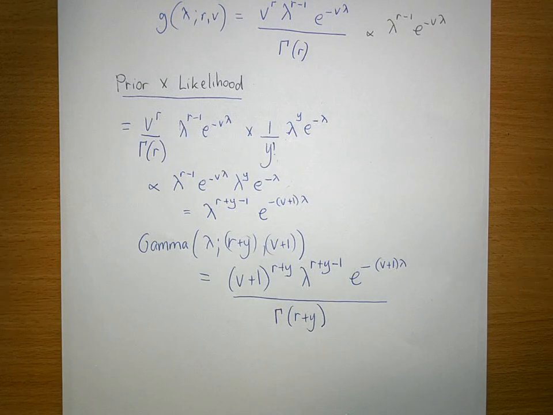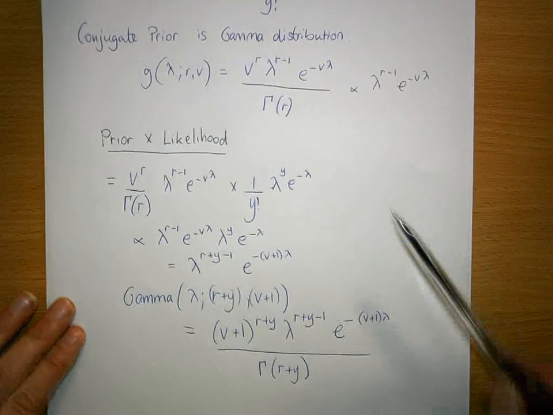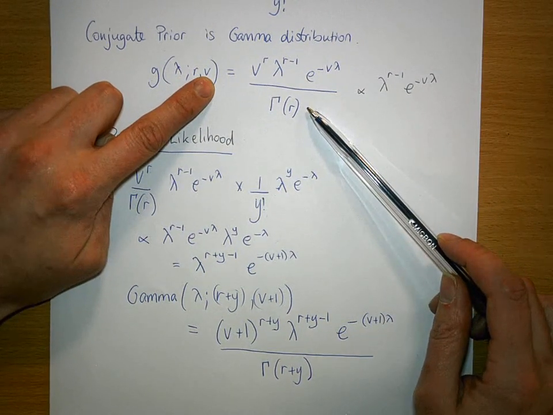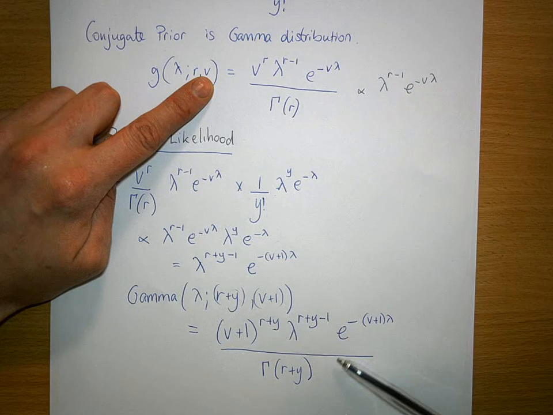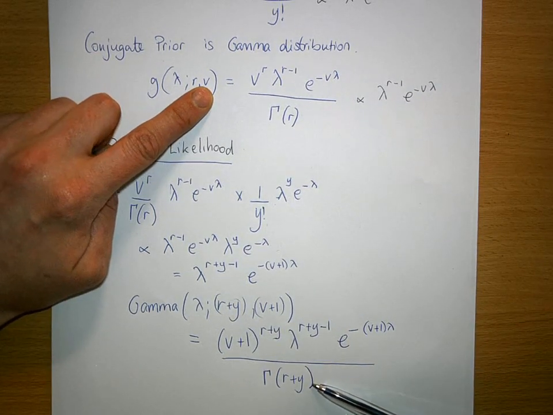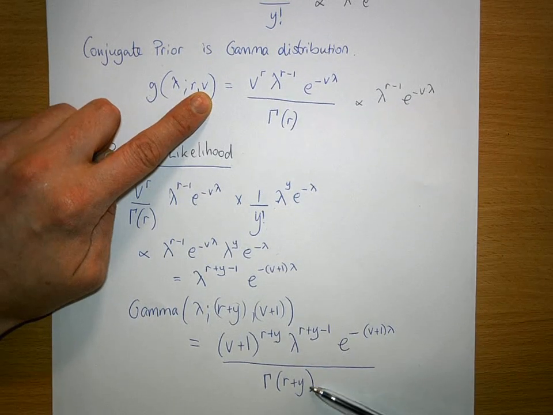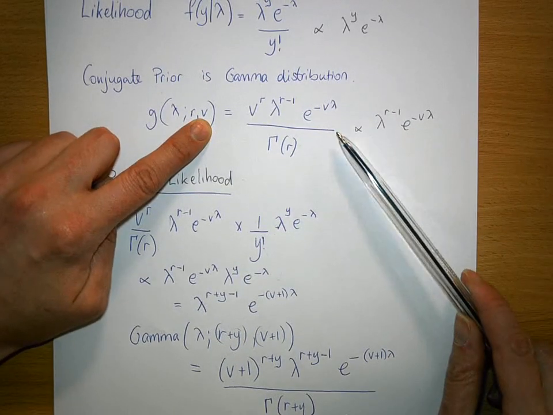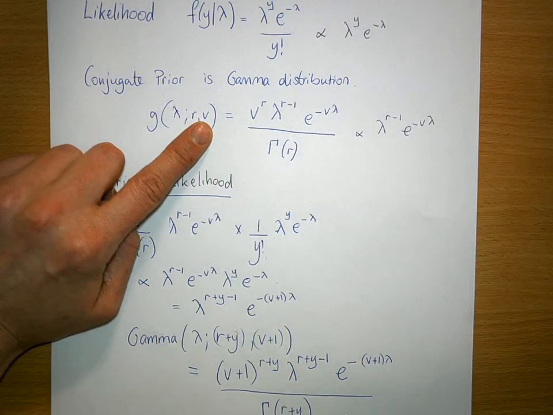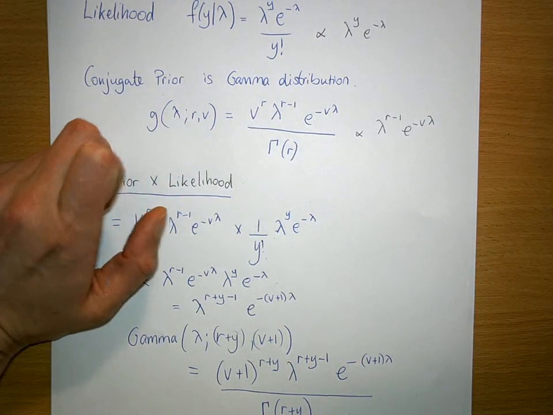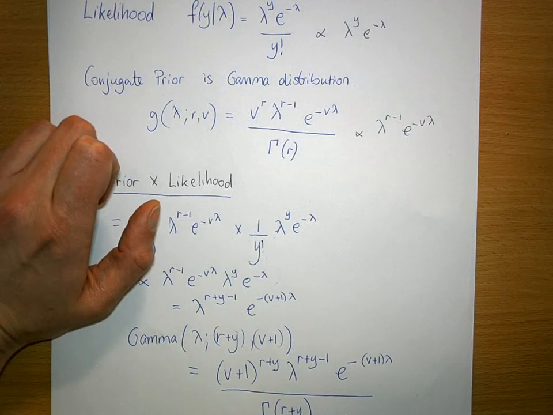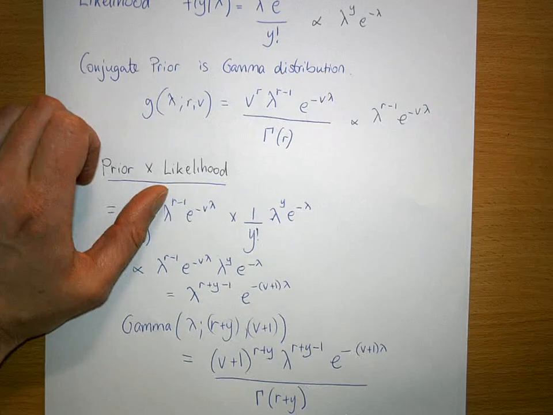So what was our updating rule here? We start with a gamma distribution, r and v. They're just the parameters of the gamma distribution. We observe some counts. The number of counts you observe is y. We've done a single trial, so in one experiment, we observe y counts.